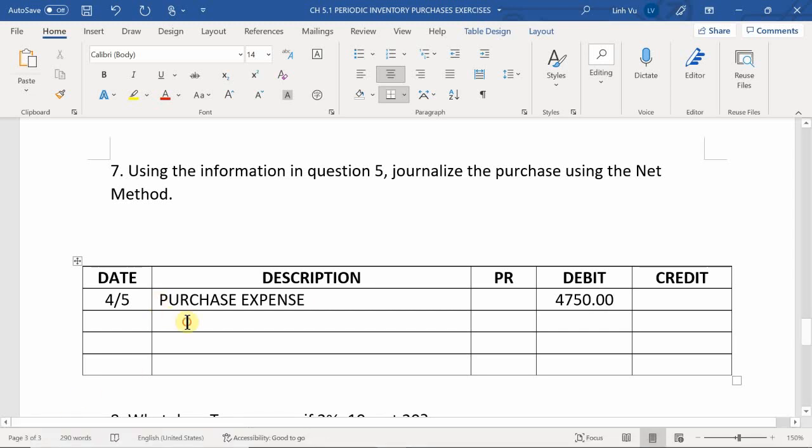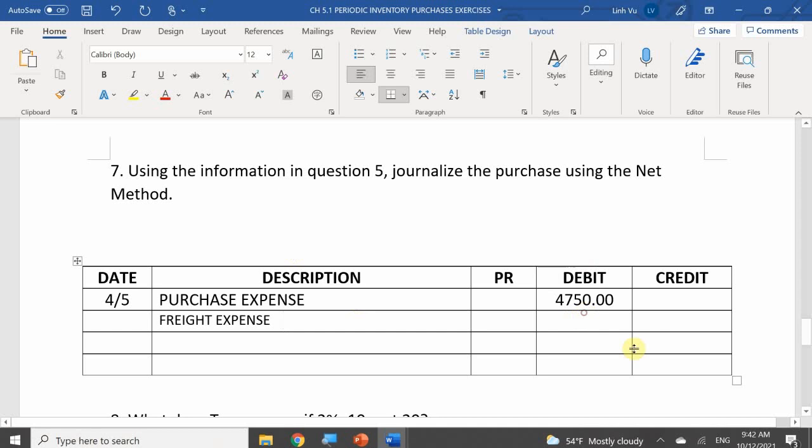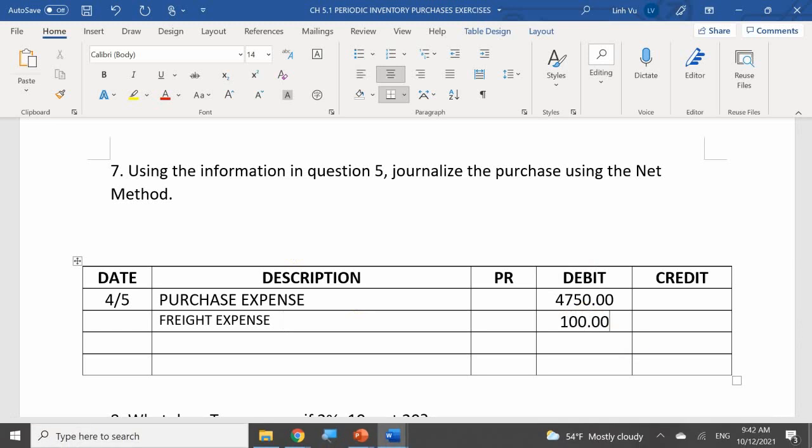All right. What else am I going to include here? The freight expense. Freight expense for how much? 100. Yeah, 100.